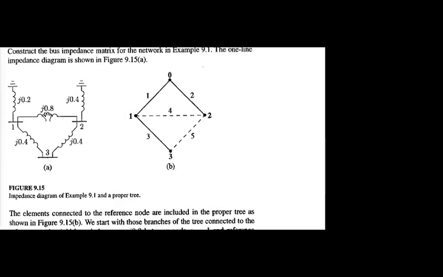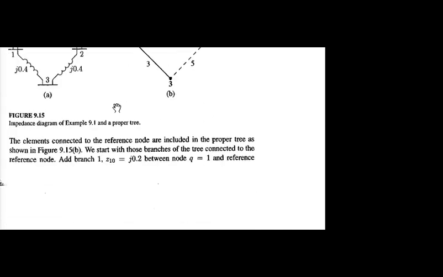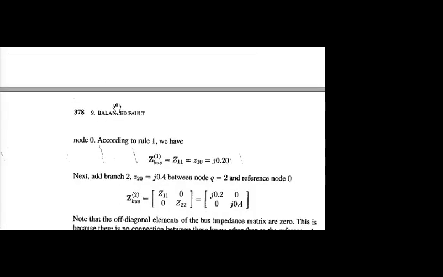Now we want to see the second case, for the second branch. The impedance is connected between node 2 and 0, which has the value of 0.4. This is given in the impedance diagram: between 1 and 0 it is 0.2, between 2 and 0 it is 0.4.